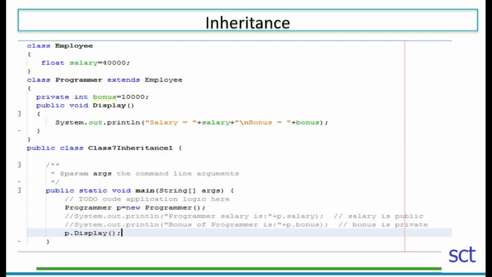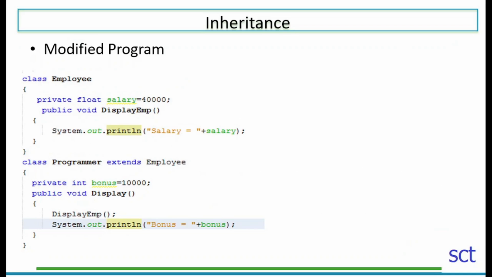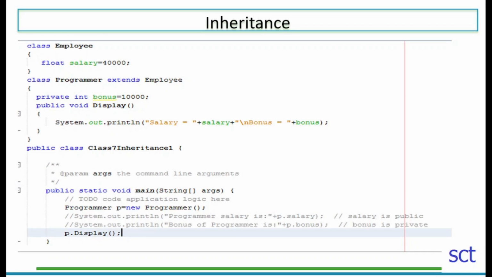Now we will see one small example. I am going to explain two examples here, so you will understand how inheritance works. Here I have a class called Employee, with a float variable, float salary equal to something, which I have initialized.